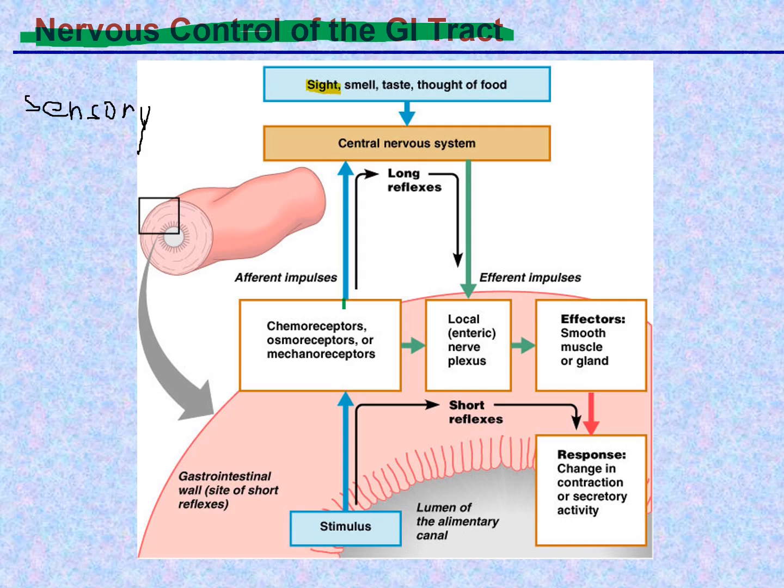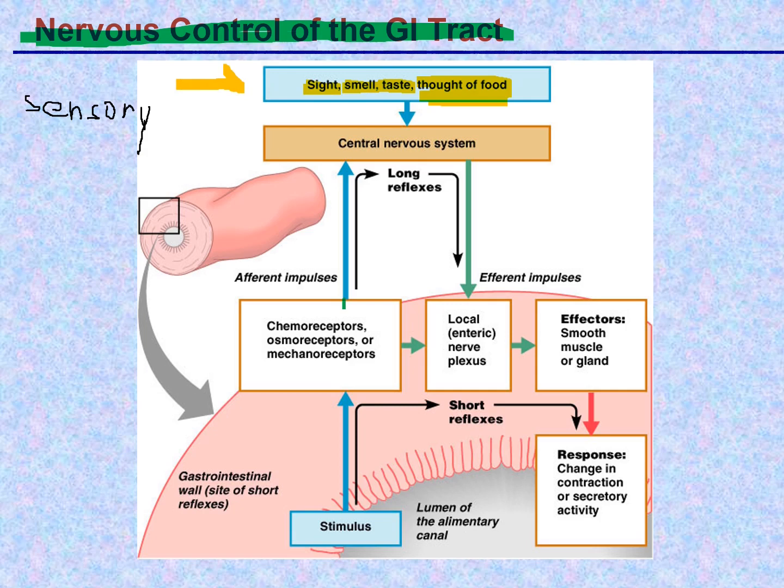Here you see this is coming from outside of the body. This is images picked up by light receptors in the eye. Smell is picked up by receptors in the nasal lining of the internal nasal cavity. Taste is picked up by the sensory tissue in the tongue. Thought of food is actually triggered within the central nervous system. It's the one thing where there is no information coming from outside; it's inside the central nervous system. But essentially you have sensory information.